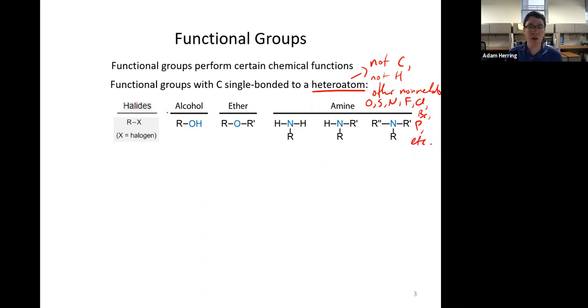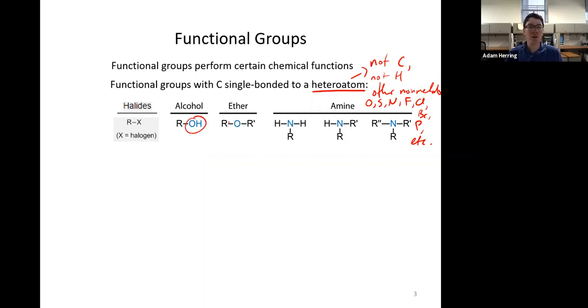So there are 4 groups here to talk about. We have the halides. That includes a carbon with a single bond to a halogen: chlorine, bromine, iodine, fluorine. Alcohols, which have carbons bound to an OH group.